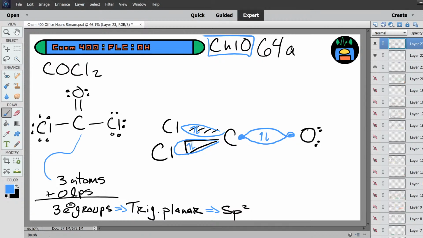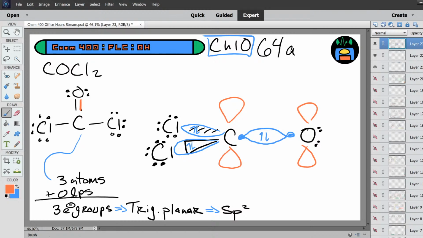Right, two sigma bonds there and there as well. Finally, between carbon and oxygen, we have one sigma, but we also have that second bond, right, which is going to be a pi bond.